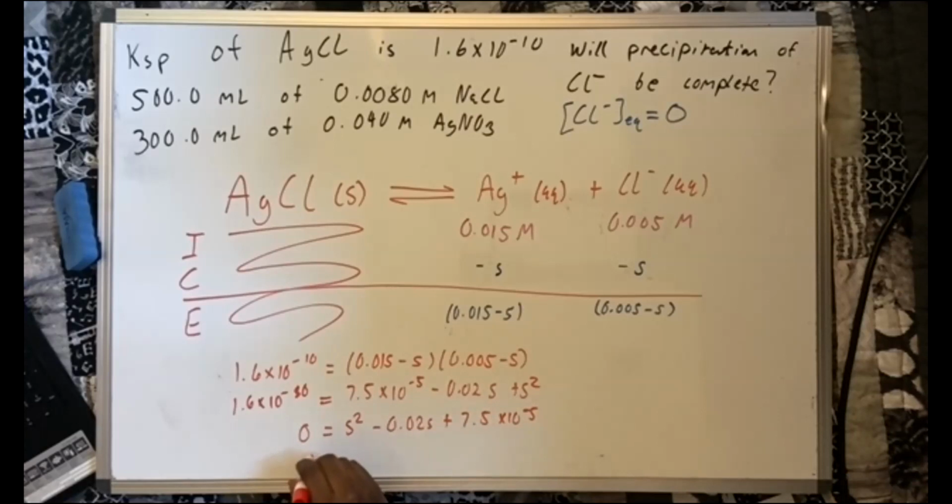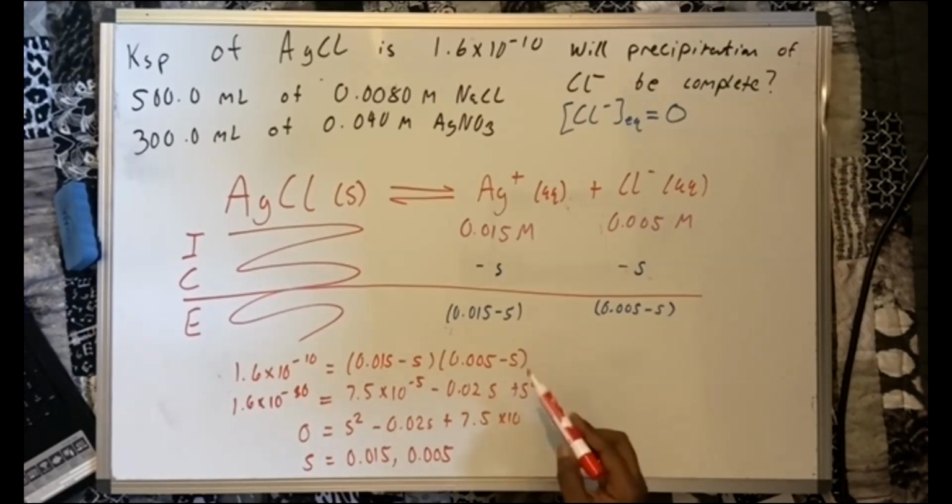When I solve this, I'm going to get S is 0.015 or 0.005. Noticing that these are both of those, essentially, that's 0, basically, right? I subtracted it and I got the same thing back in my calculator. So it's almost negligible.